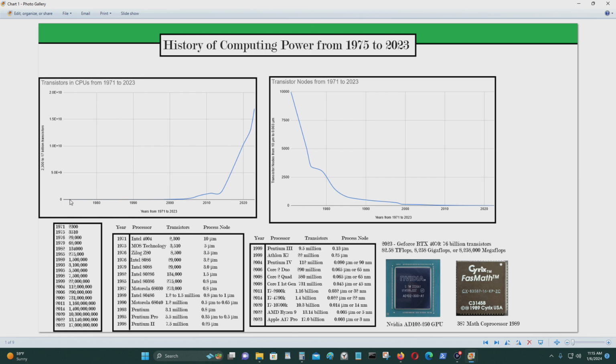And as you can see, technology was pretty stagnant in the 1980s, 1990s, and starting from the 2000s, it just started to take off exponentially. We had better nodes, better DUV lithography machines, or DUV is deep ultraviolet lithography machines. These are the machines that you use to make CPUs.